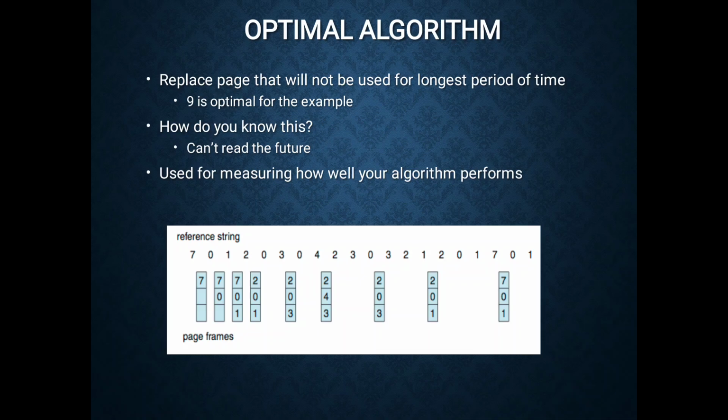Then 3 replaces the 1, because the 0 is used again sooner. So the page that will not be used for the longest period is replaced. So that is optimal, based on the needs.